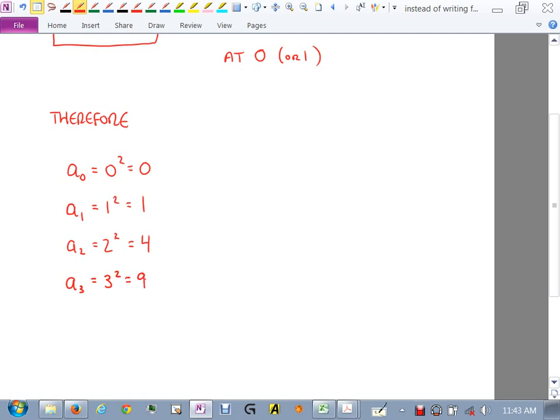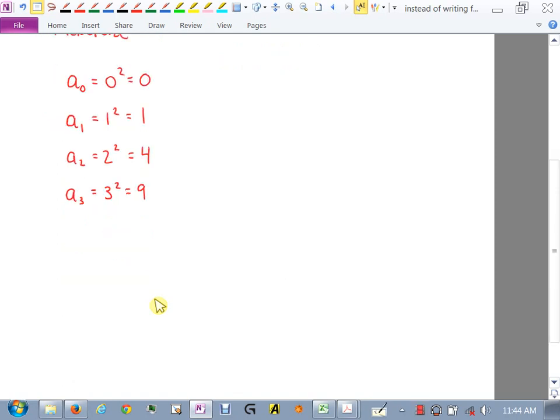Yes? What you have created here is a sequence of numbers, isn't it? 0, 1, 4, 9. That's a sequence of numbers. Yeah? And I could continue on, right? I could keep doing this all day long.